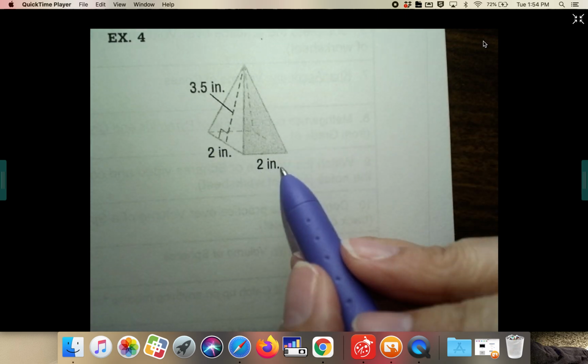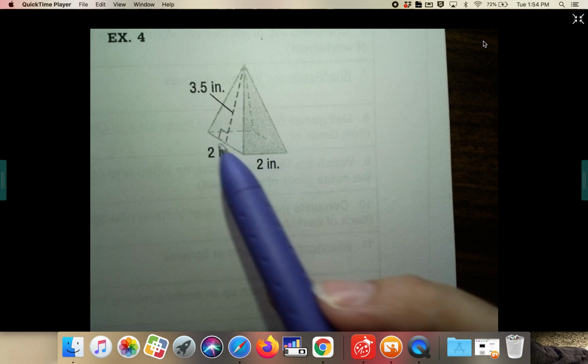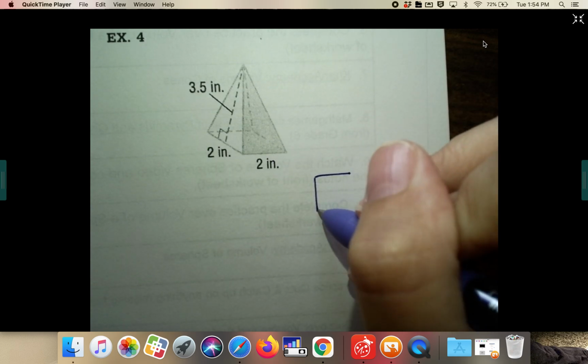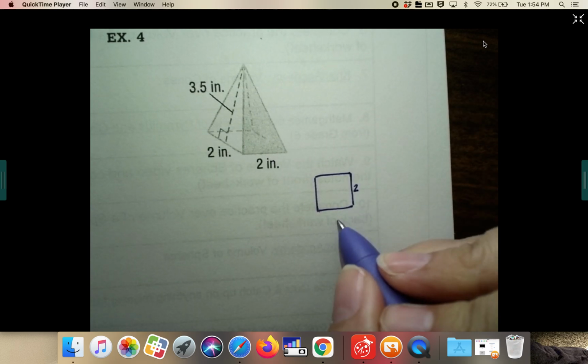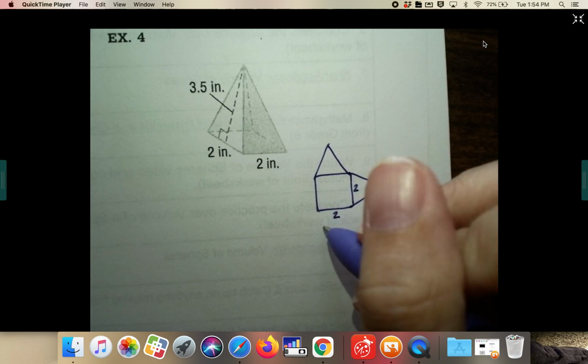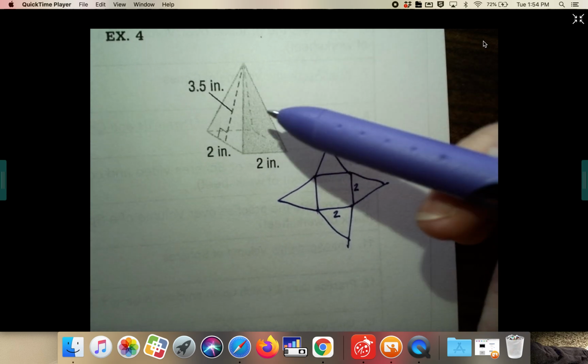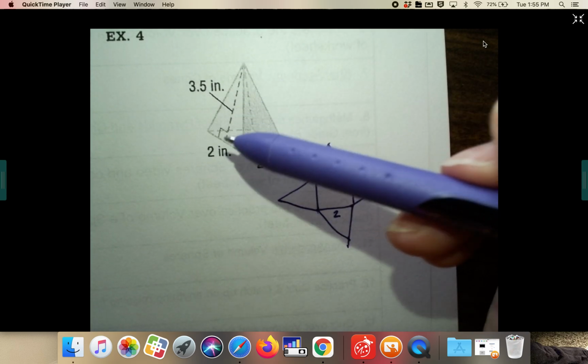So let's draw the net. This is a square base. It doesn't really look like a square base, but it's 2 by 2, so that tells us it is a square base. So it's 2 by 2. And then you have an equal triangle coming off of each side because it's 2 by 2. And the height is 3.5.